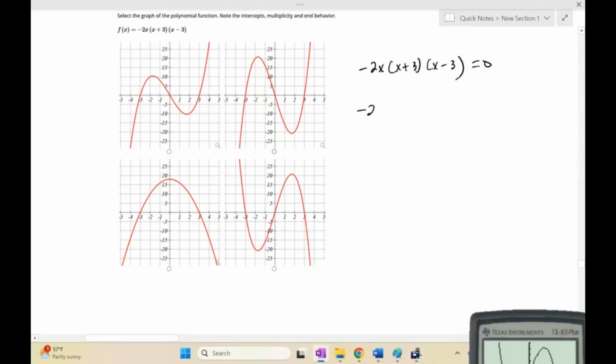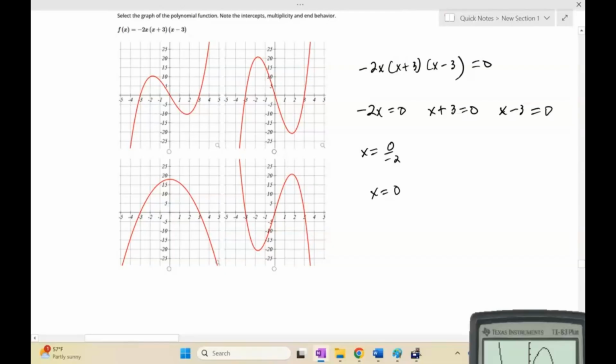I would set every factor equal to 0, right? And then I would just solve each one for x. So over here, I would divide both sides by -2, because the opposite of multiplying x by -2 is to divide by -2.